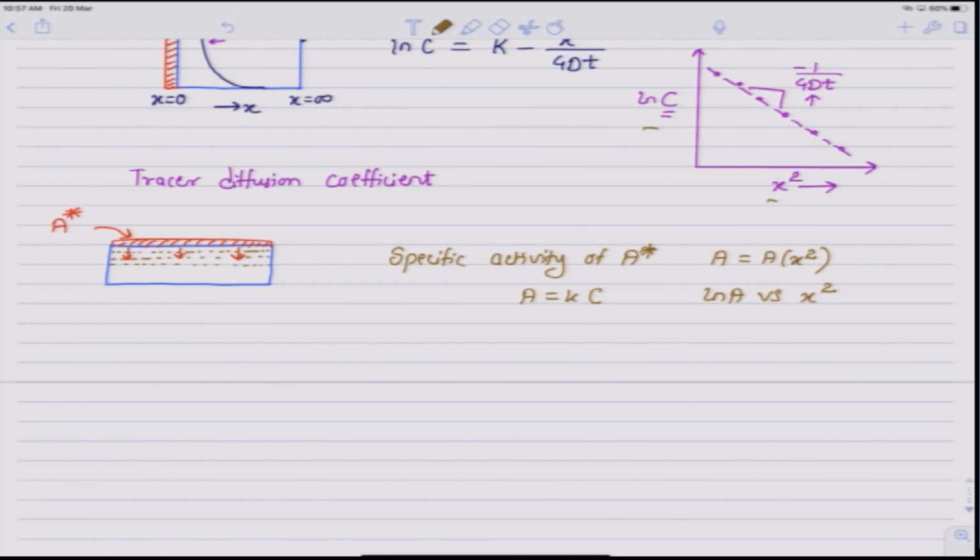So, by plotting ln of A versus x square and determining the slope of the plot, we can get the tracer diffusivity of A in B. It is usually denoted as D A star in B, the impurity diffusion coefficient of A in B. So, this tracer diffusivity refers to the impurity diffusion of A in B.